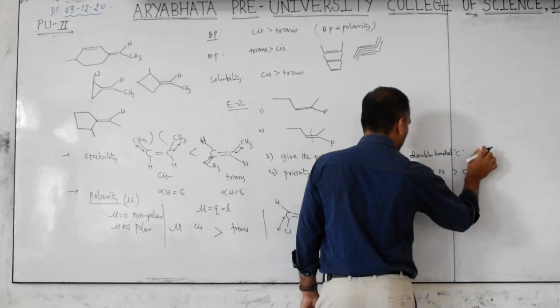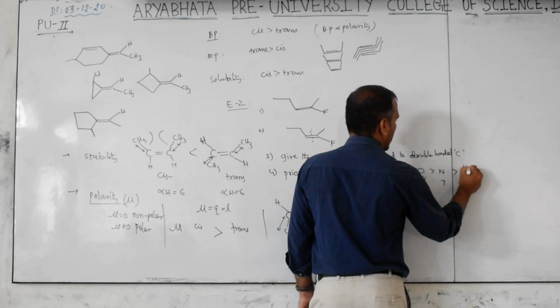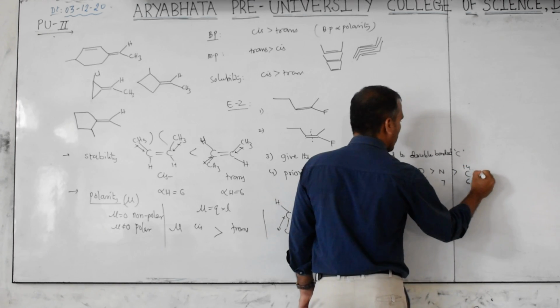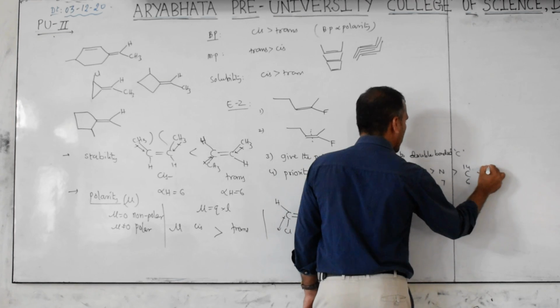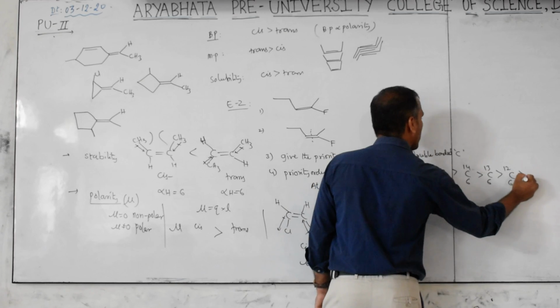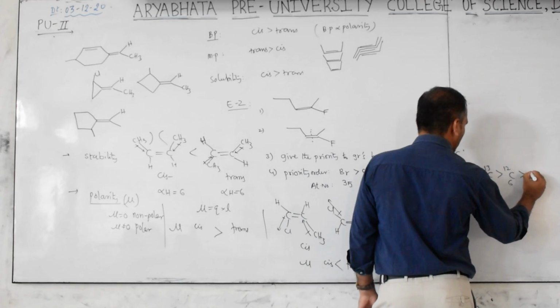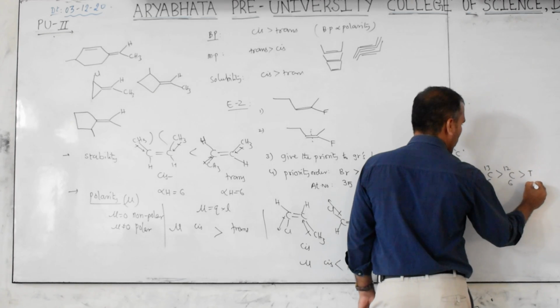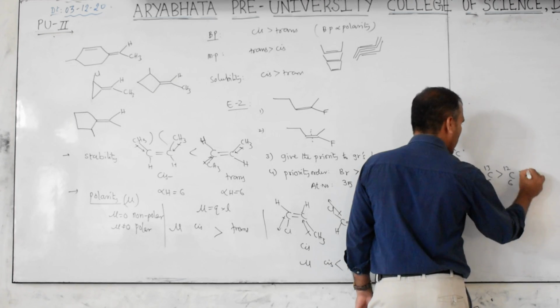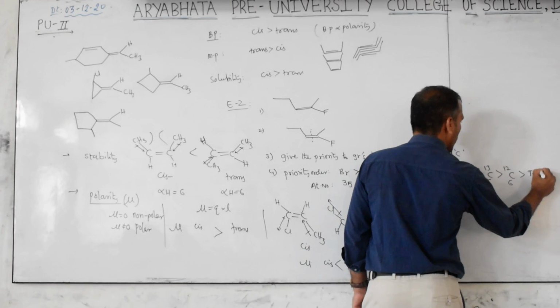Next, in this, isotopes are present. If isotopes are present, then what do you have to do? C14, C13, then C12. Then next, if you go for hydrogen, hydrogen is tritium. Atomic number what is that? 1. But atomic mass how much? 3.